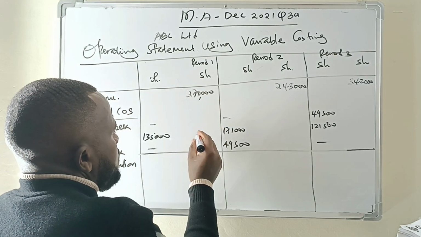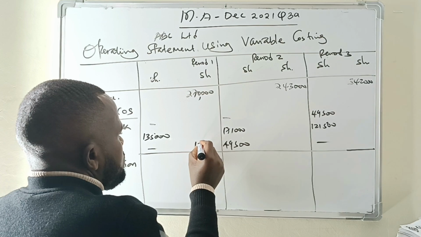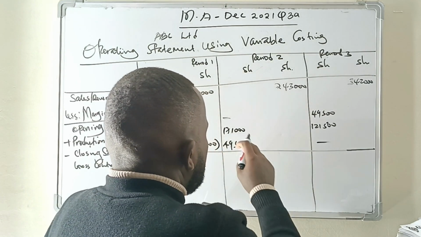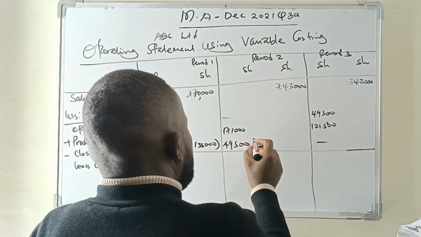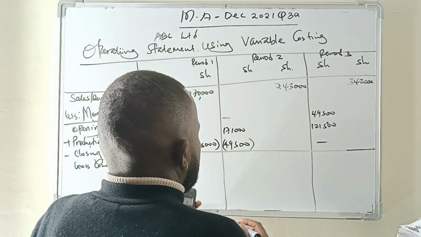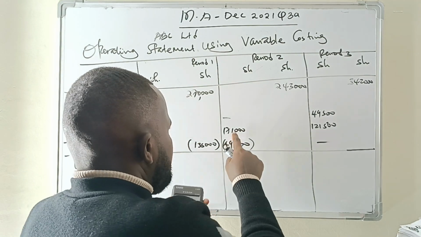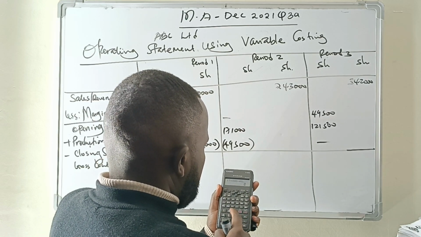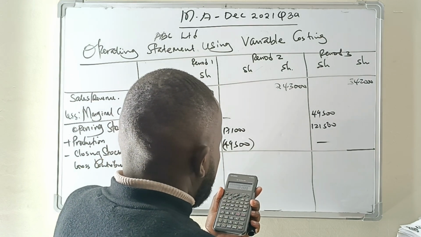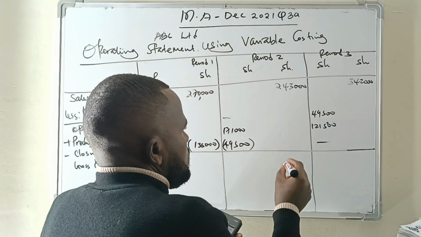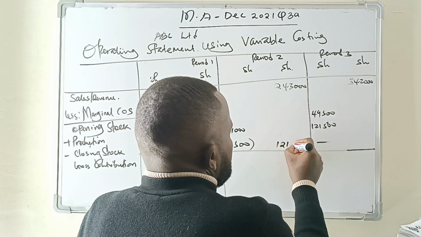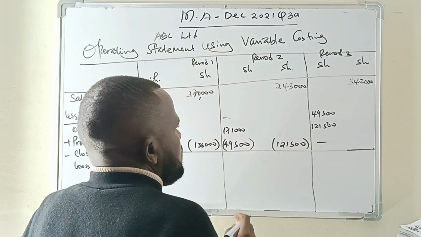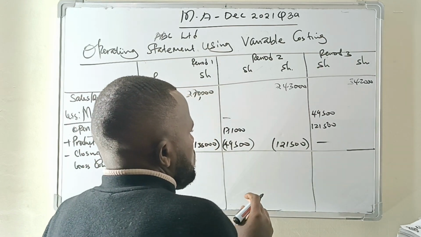This one will be 135,000. Then 171,000 less the closing stock of 49,500. I'm getting 121,500. Then you less this from the sales to get the gross contribution.